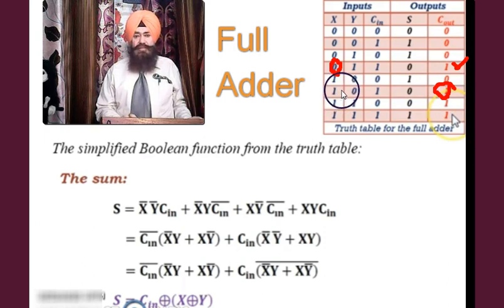This becomes X Y complement, C in. 1 is here: X Y C in complement. 1 is here: X Y and C in. Taking the sum of all the min terms, that becomes the carry.